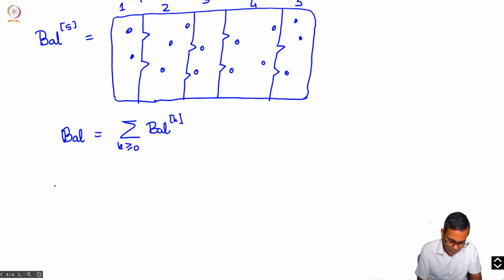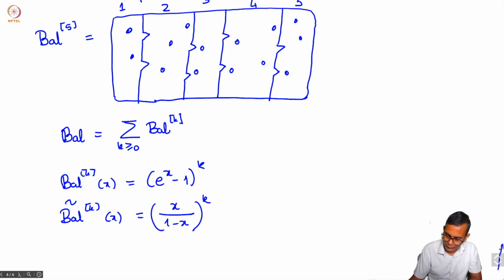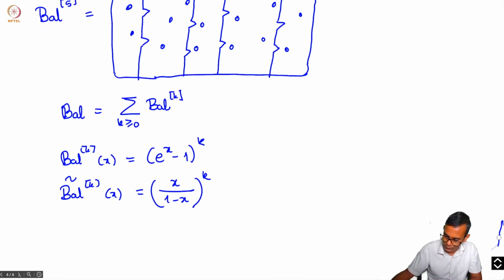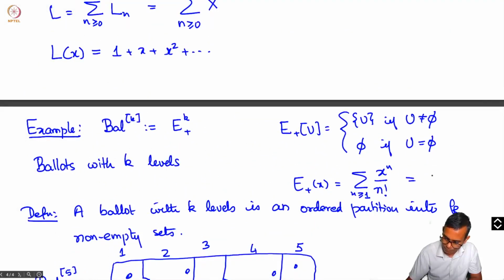So right away you see that Bal_k has generating series (e to the power x minus 1) to the power k, and it has type generating series (x over 1 minus x) to the power k. Right, this e to the power x minus 1 is coming by the fact that the generating series of E plus is e to the power x minus 1.